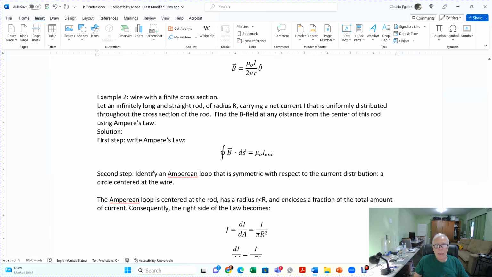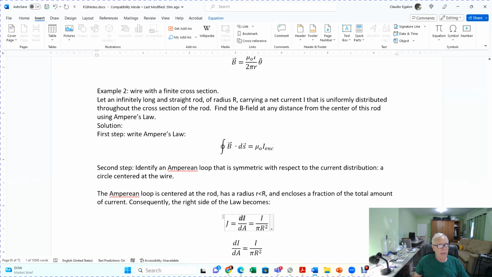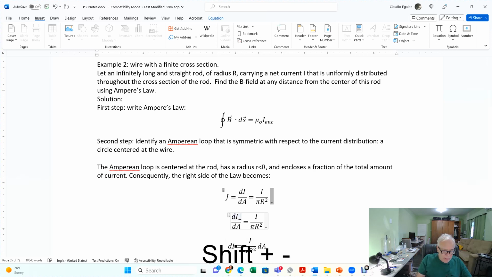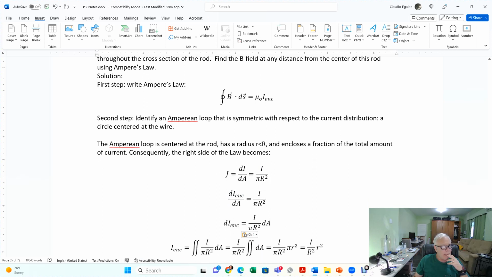Now we can solve for the I. Here, this term is constant, and I'm going to write I enclosed instead of I. This one is not the total current, it's dI enclosed. We solve this integral.